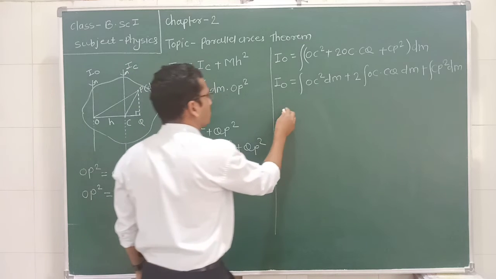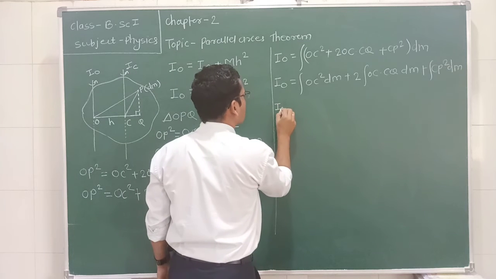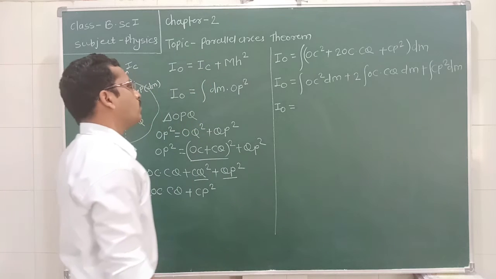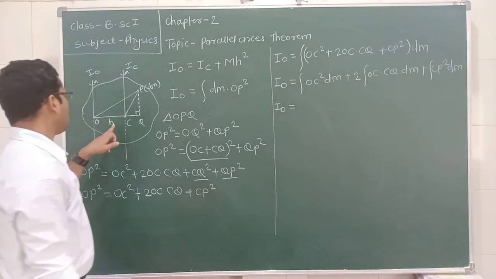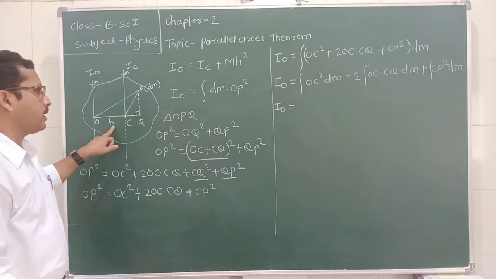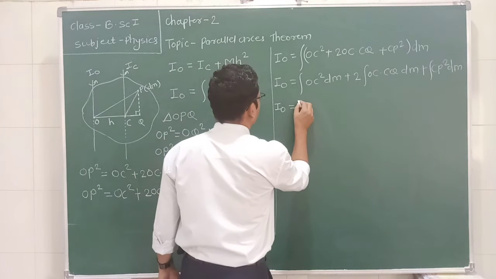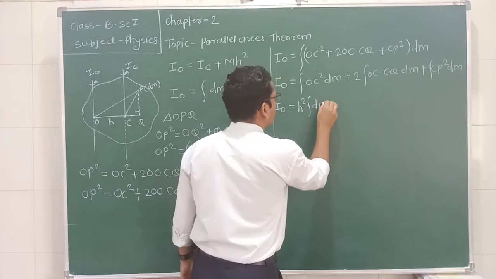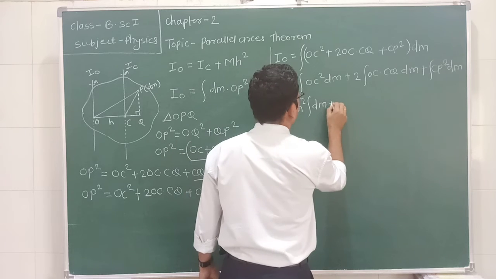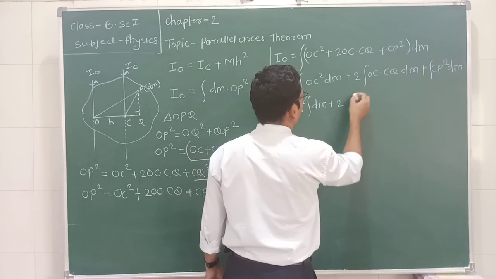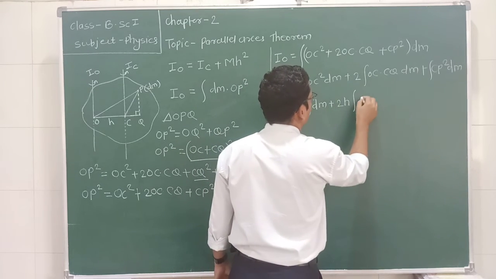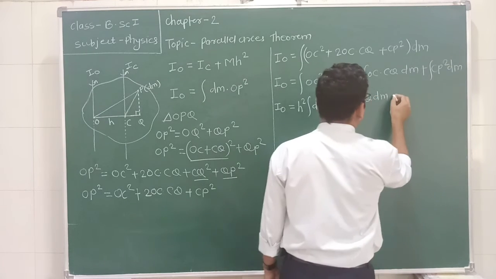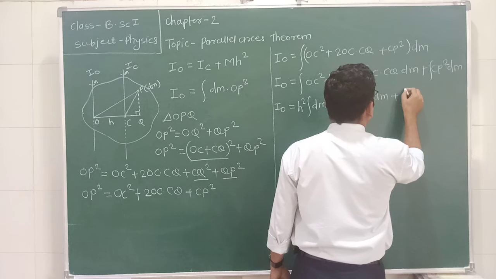Okay, so what is I0 equal to? This I0 is equal to OC square dm. What is OC square? OC is equal to h and its square is equal to h square. So this h square is outside the integration sign, and this is integration of dm, plus twice this OC, which is equal to h, which is constant, and this integration of CQ multiplied by dm, plus what is this CP square dm?